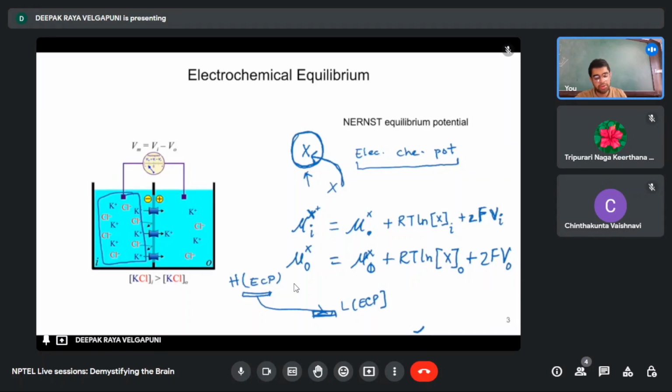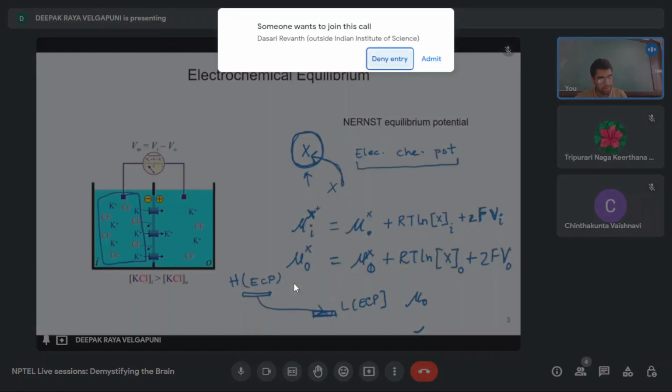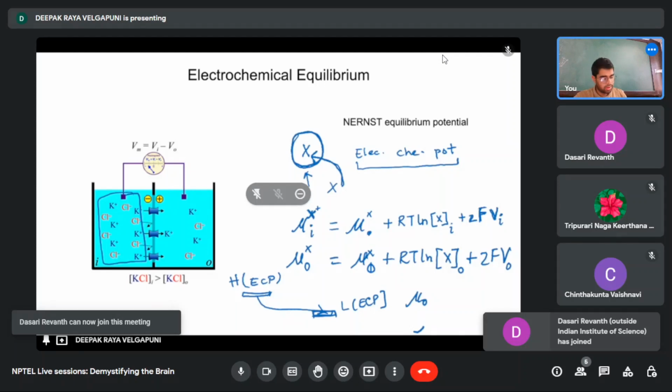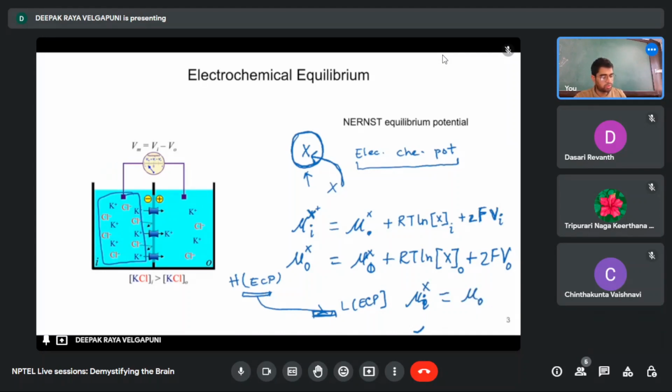This continues until both the electrochemical potentials are equal. So mu I of X equals mu O of X. Until this point, there is movement of ions from one side to the other.